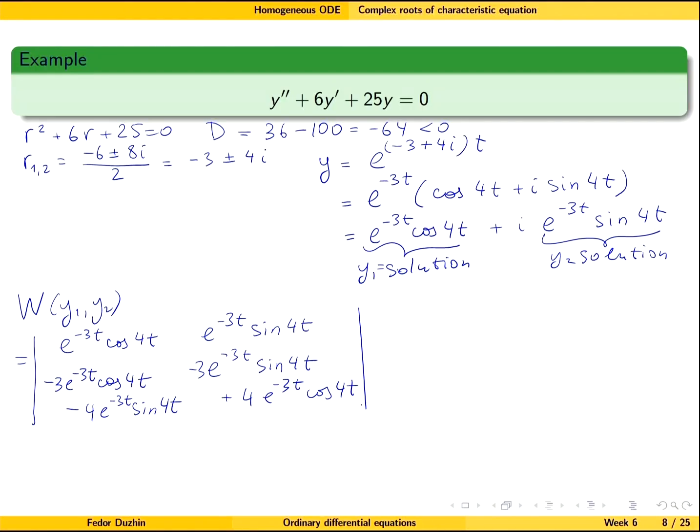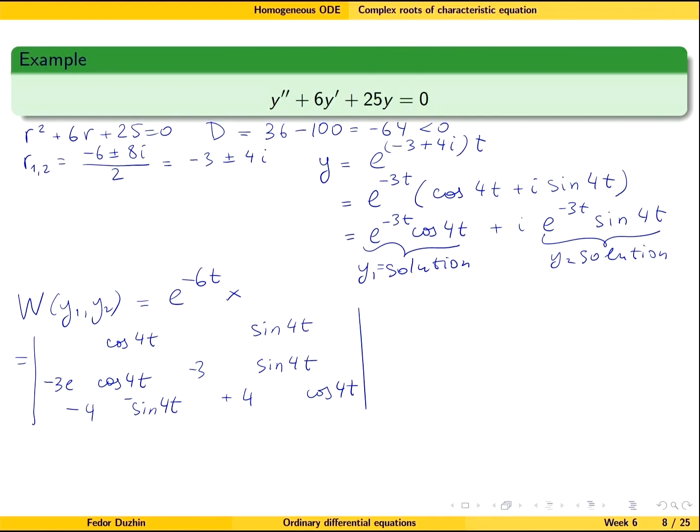All right, good. Now notice that we can actually take e to the minus 3t out of the first column and again out of the second column. Then the whole thing is going to be e to the minus 3t squared, so e to the minus 6t, times this determinant.